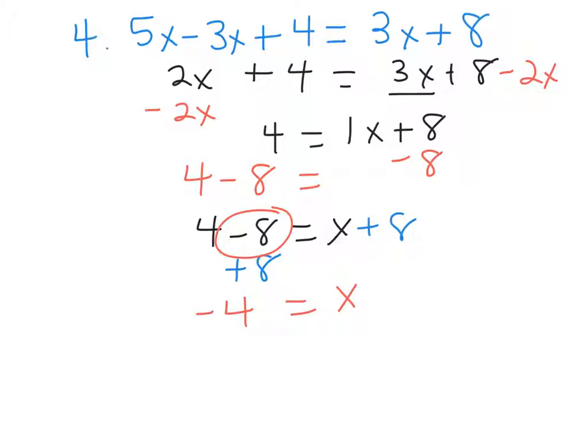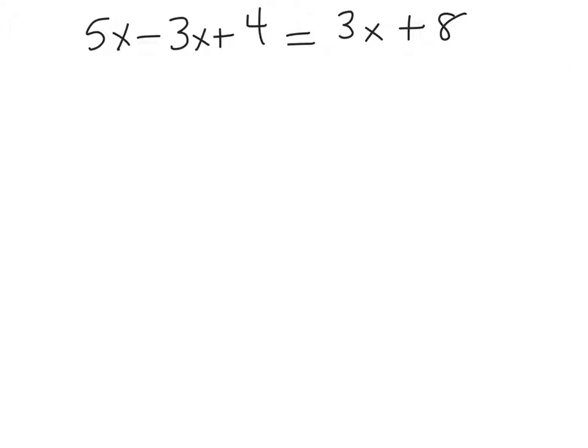Now let's look at solving this, and I'm going to have to go to another screen to do that, so hang on. So I've written my original problem, and now I'm going to plug in my negative 4. I will rewrite this for you in just a second. I just want to make sure I get them all there.